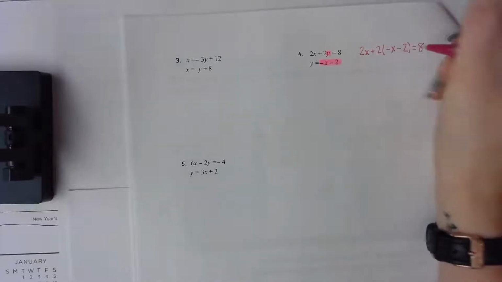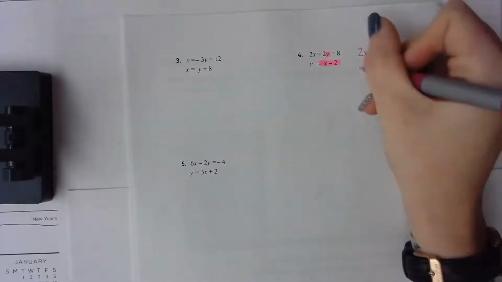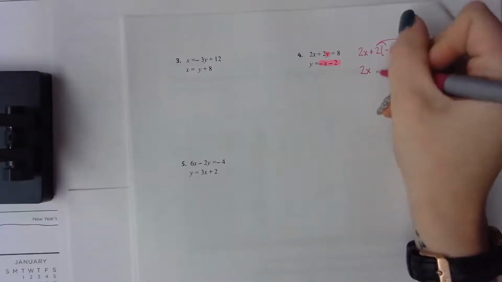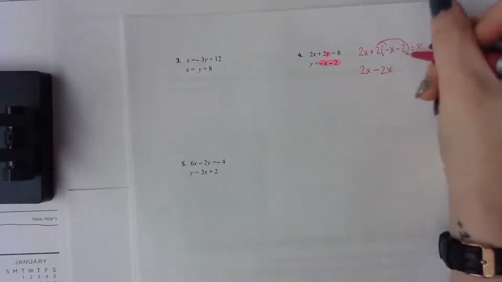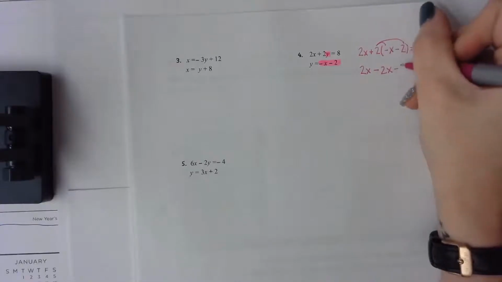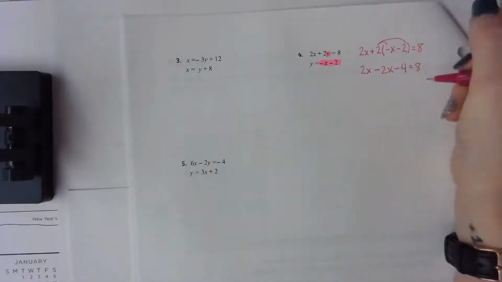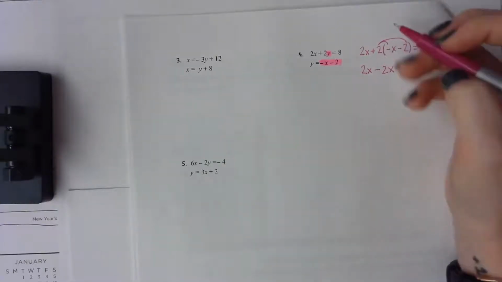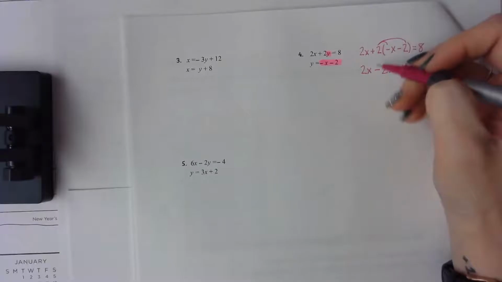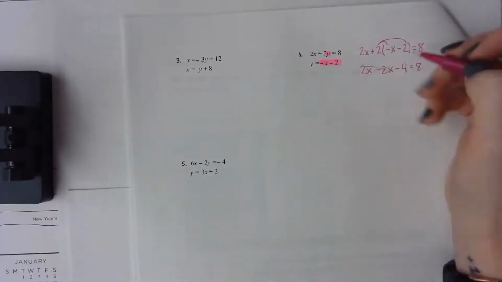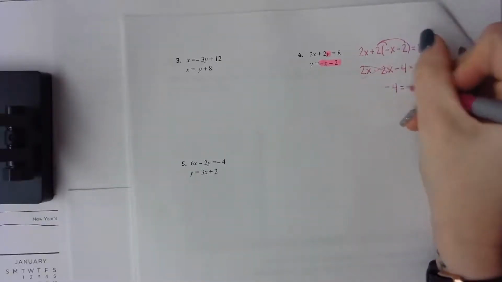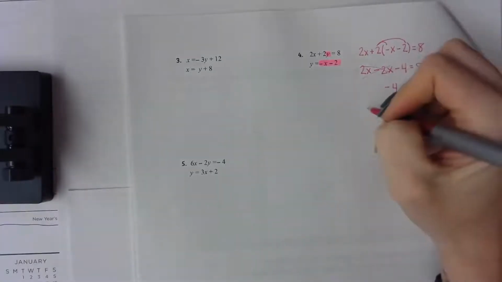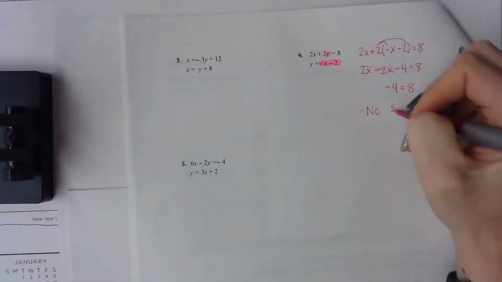So distribute that 2 into the parentheses. 2 times negative x is negative 2x. And then 2 times negative 2 is negative 4 equals 8. So 2x minus 2x is going to end up canceling out. I'm just going to have negative 4 equals 8, which is not possible. So this one is no solution.